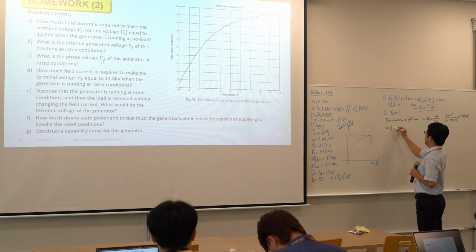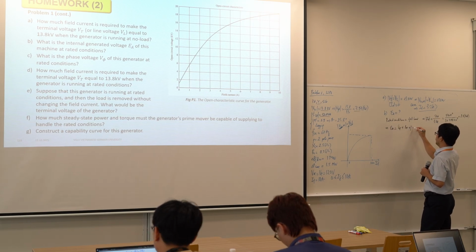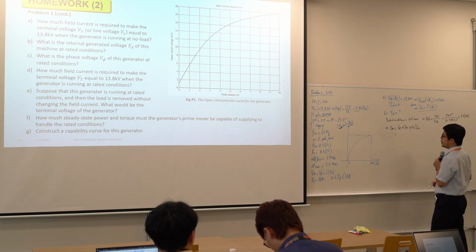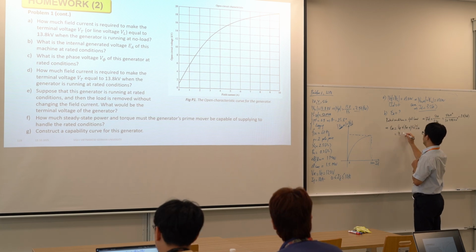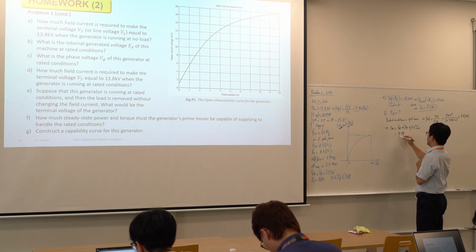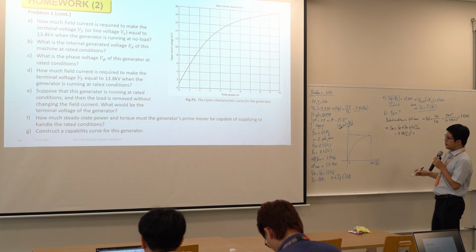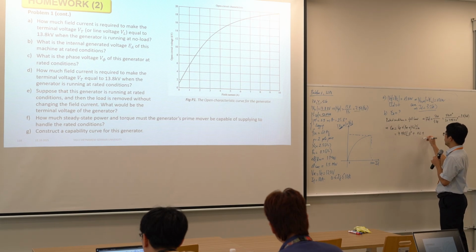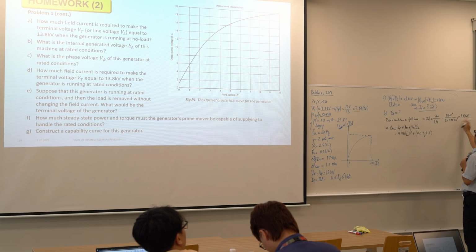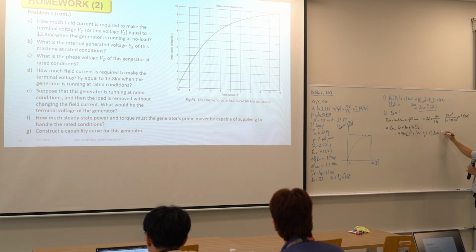So we can calculate EA, right? EA is V phase plus (RA plus jXS) times IA. V phase is how many? 7.97 kV, that means 7,970 with 0 degree, plus RA is 0.2, jXS, that means j2.5, times IA, 2.1 kA, that means 2,100 with the phase angle.